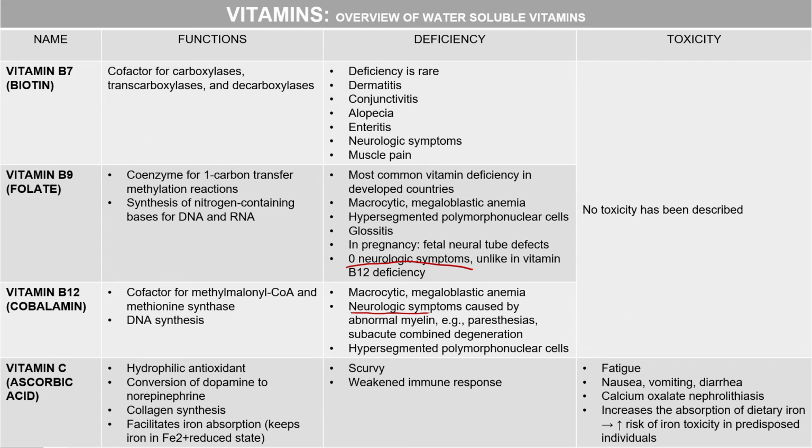Because if you give a patient with B12 deficiency vitamin B9, the anemia or other symptoms will go away, but neurological symptoms will remain, and it can lead to very, very bad consequences.